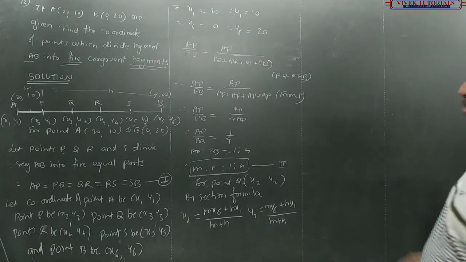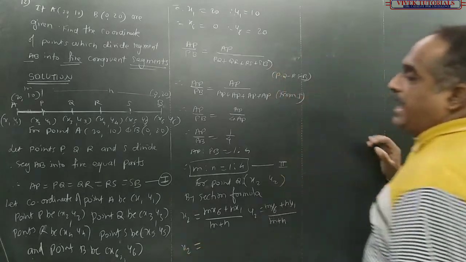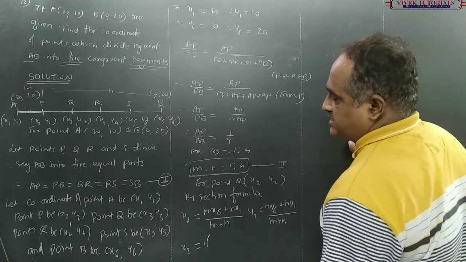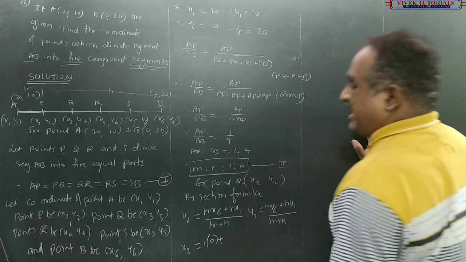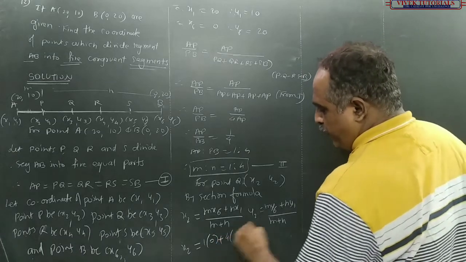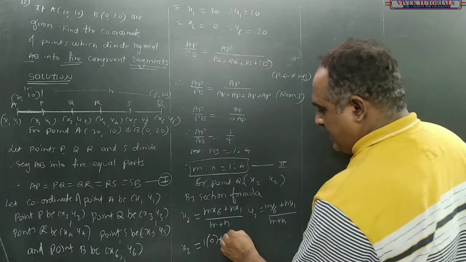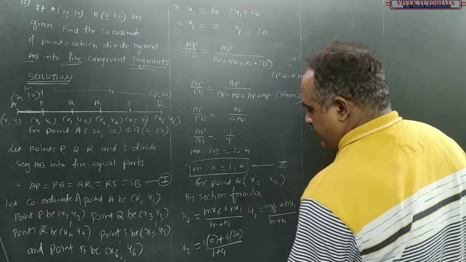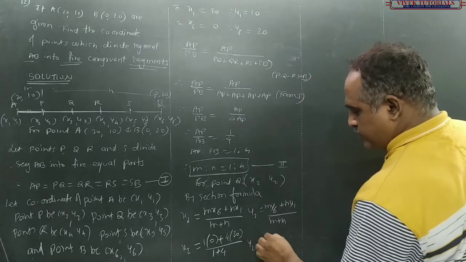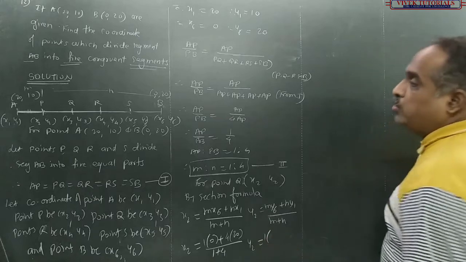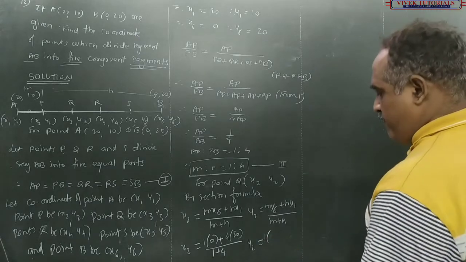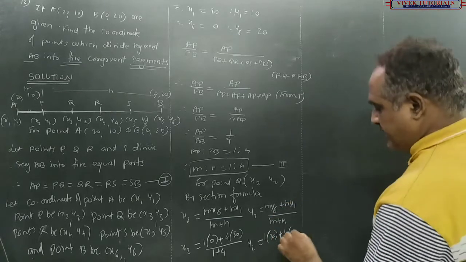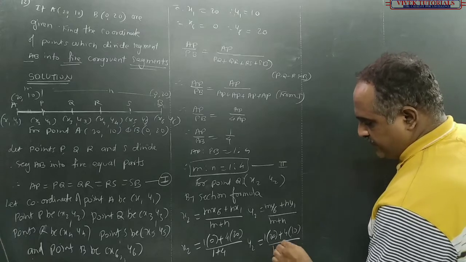Now x2 is equal to, m is nothing but 1, x6 is 0, plus n is 4 into x1 is 20, upon 1 plus 4. And y2 is equal to m is 1 into y6 is 20 plus 4 into y1 is 10 upon 1 plus 4.